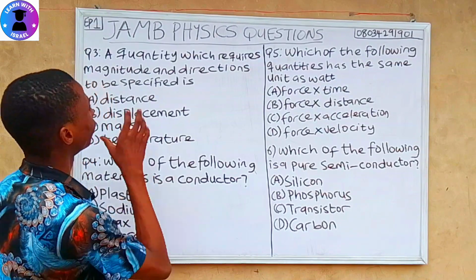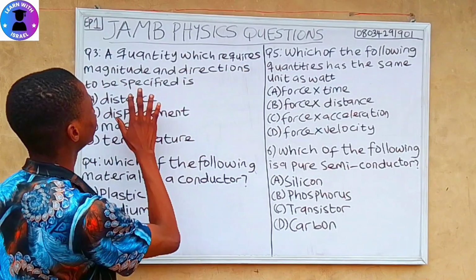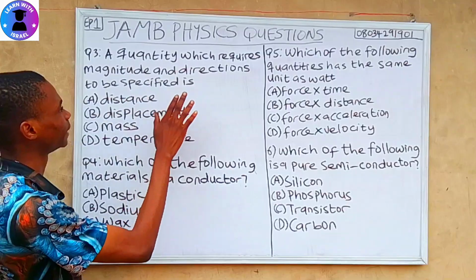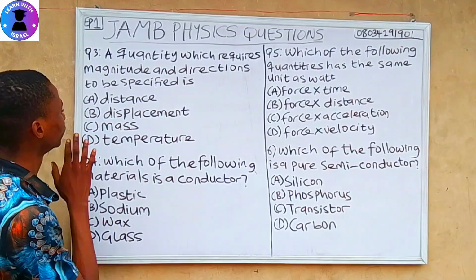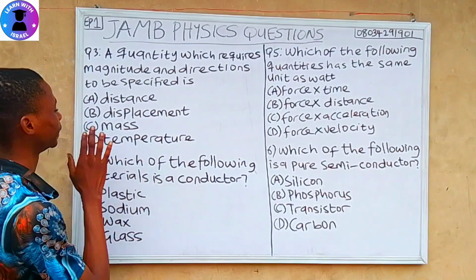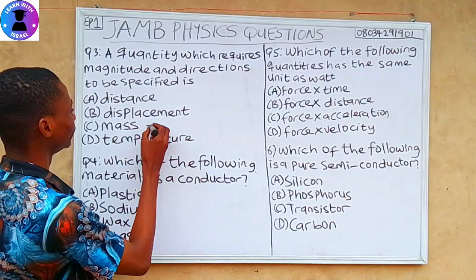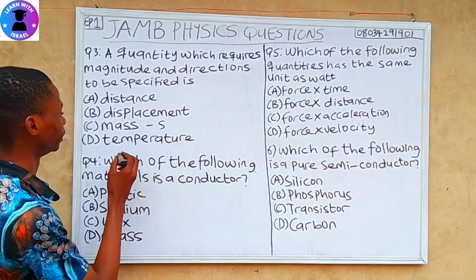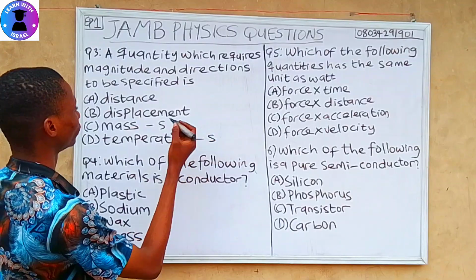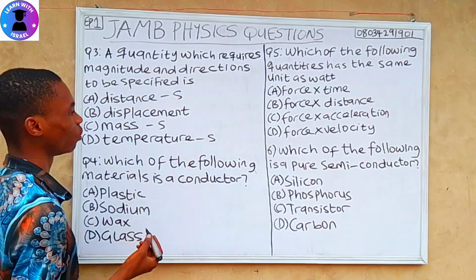Question 3. A quantity which requires magnitude and direction to be specified is A. Distance, B. Displacement, C. Mass, D. Temperature. Mass is a scalar quantity, temperature is a scalar quantity, distance is a scalar quantity.